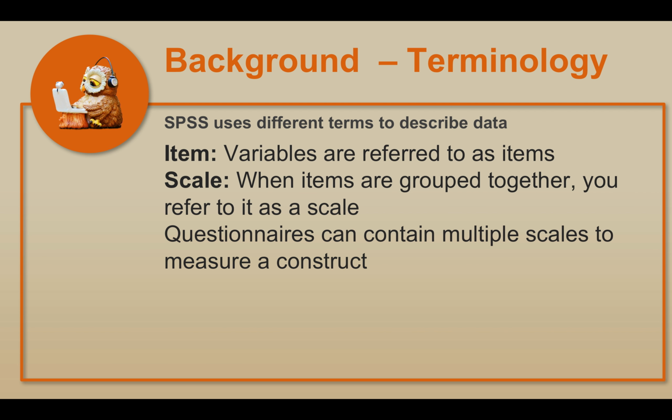And questionnaires can contain multiple scales to measure a construct. So you can have a construct like trust-related behaviors, and within that huge construct, you can have sub-scales. And we found that we have 3 sub-scales: transparent and honest, individual customer service, and relationship maturity.